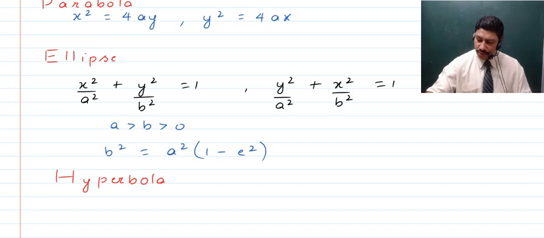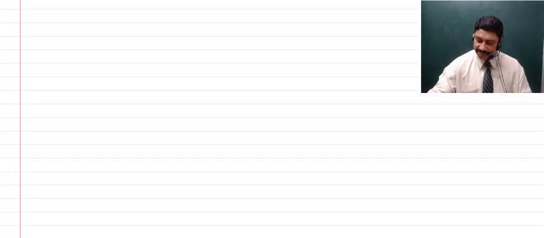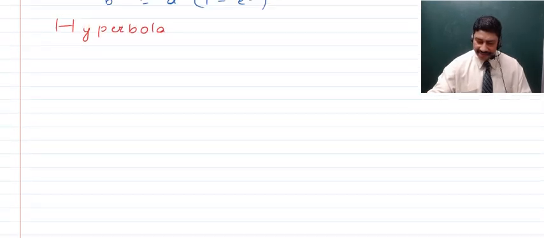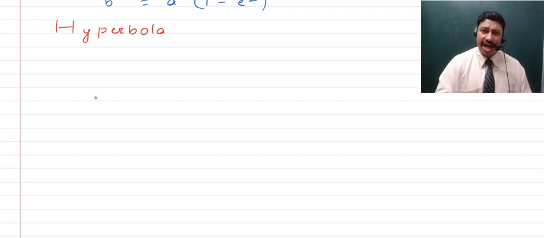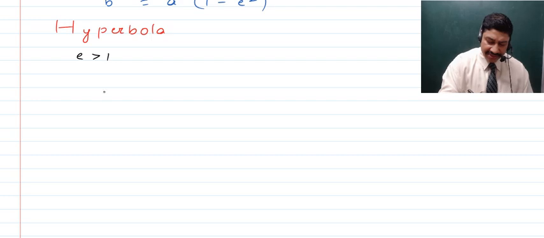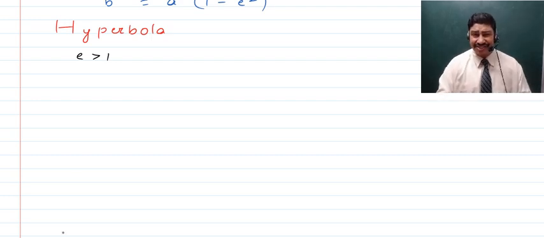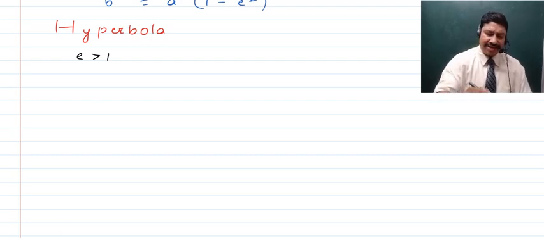Yeah, the word hyperbola is there in English as well, but that has an entirely different meaning. Now here, when we talk about a hyperbola, the first thing that you got to remember is the value of e is greater than 1. That is, eccentricity is greater than 1. And here then, if we talk about the equation of the hyperbola, it looks something like this.